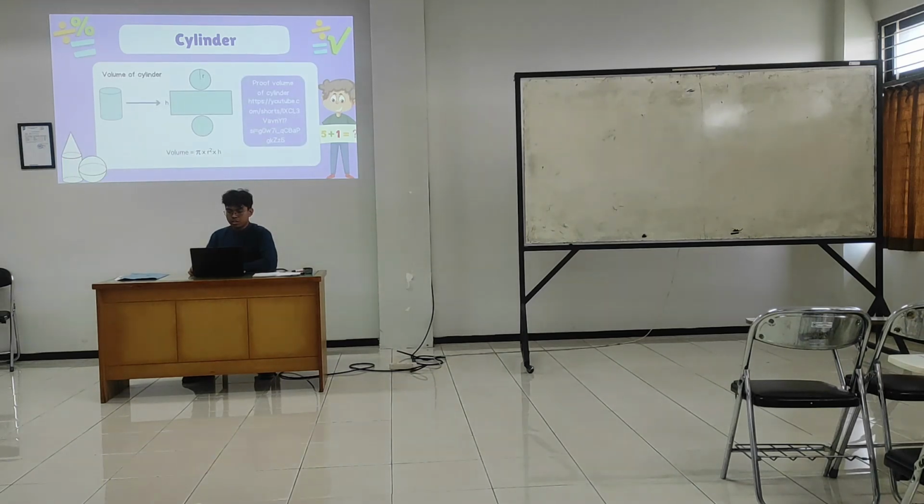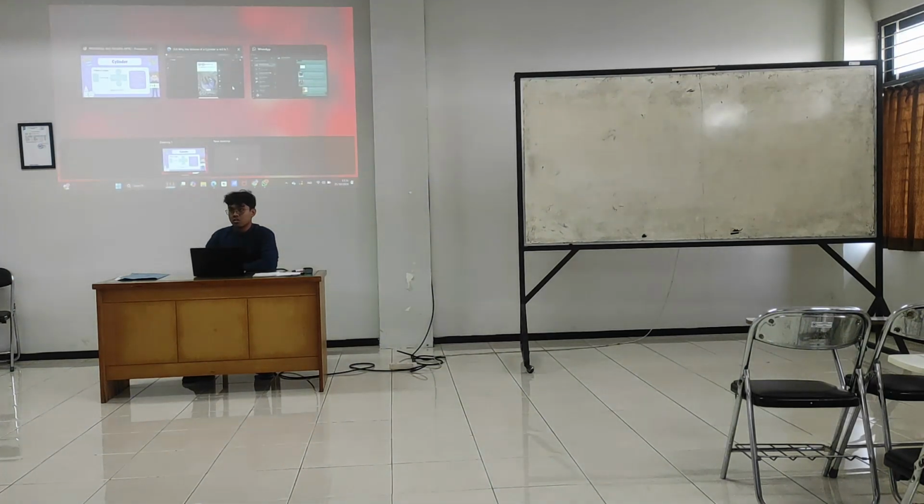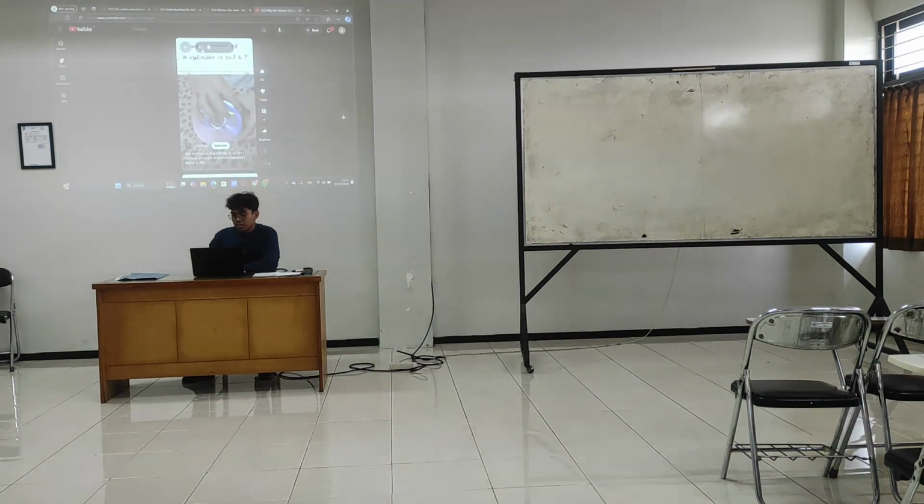So the next one is the volume of the cylinder. The volume of the cylinder is pi times r squared times h. The r is the radius. So here is a video of why the volume of a cylinder is pi r squared h.